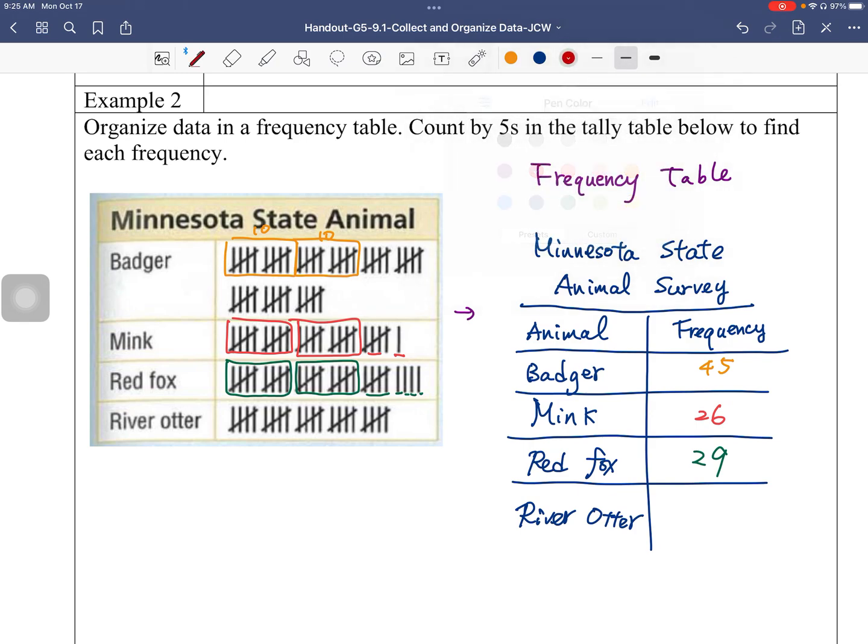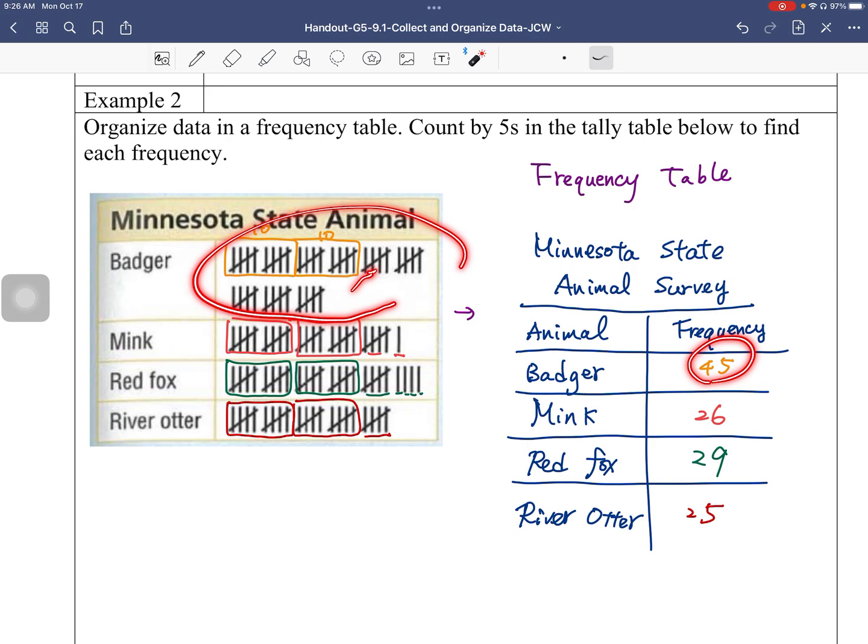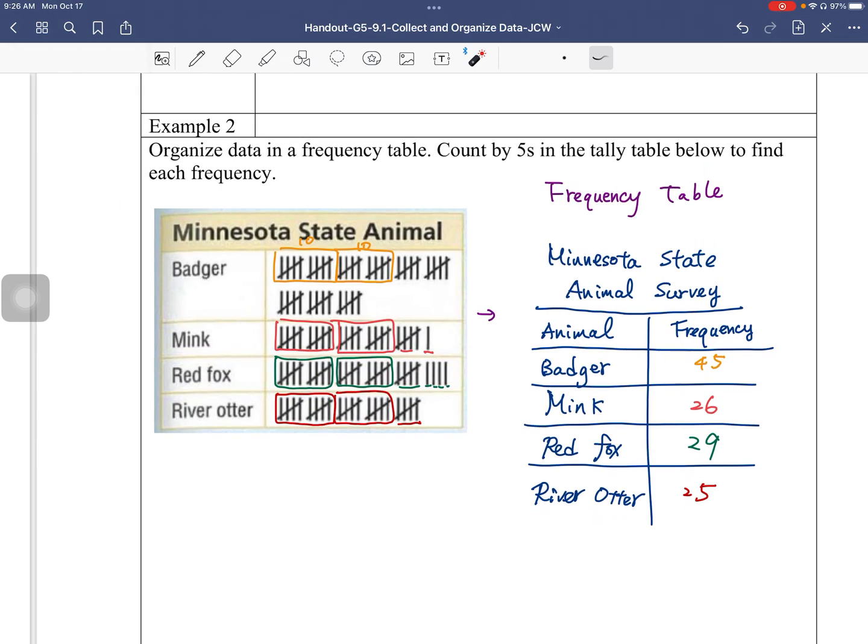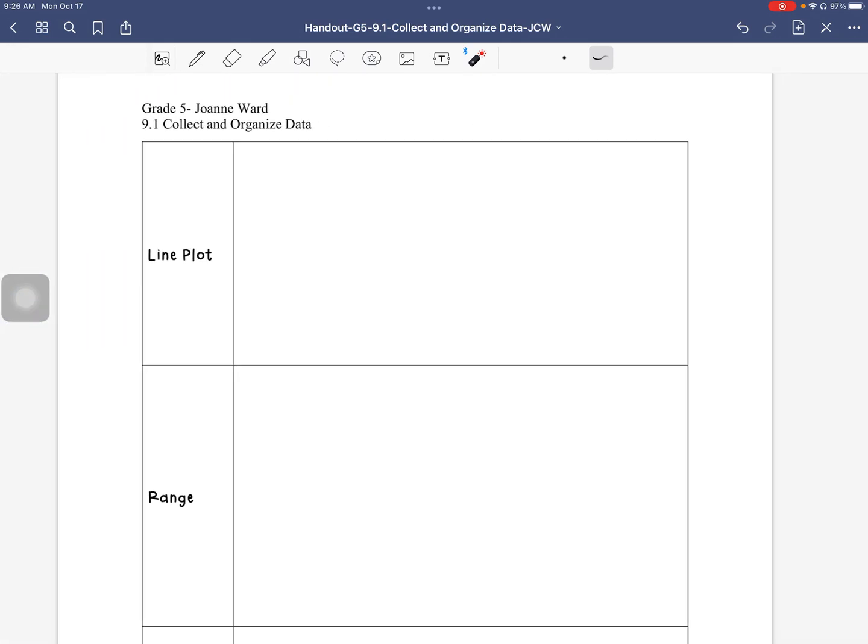I have a river otter, 10, 20, 25. So in the frequency table, the frequency shows the total number of each type of animal. So I represent the checks with the number.